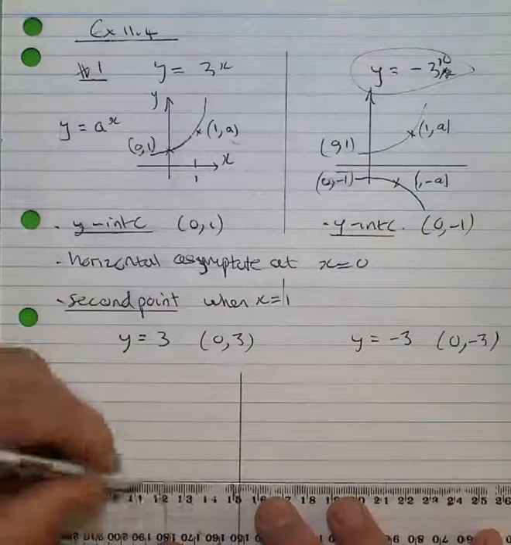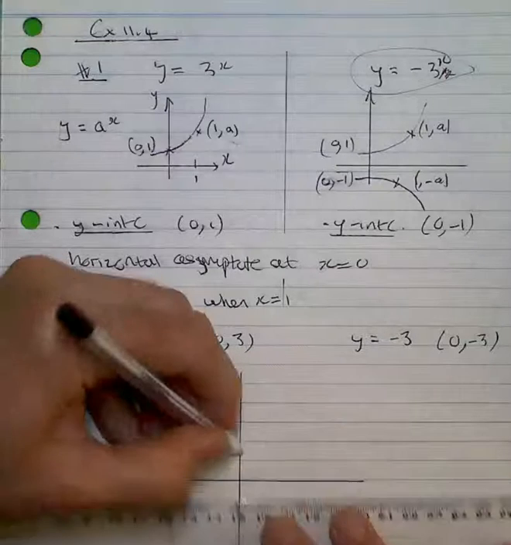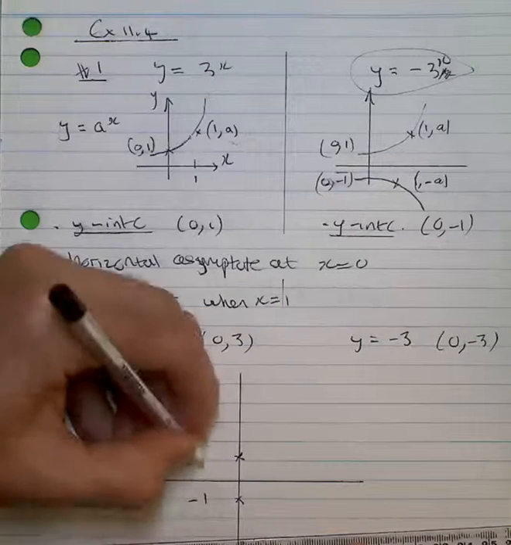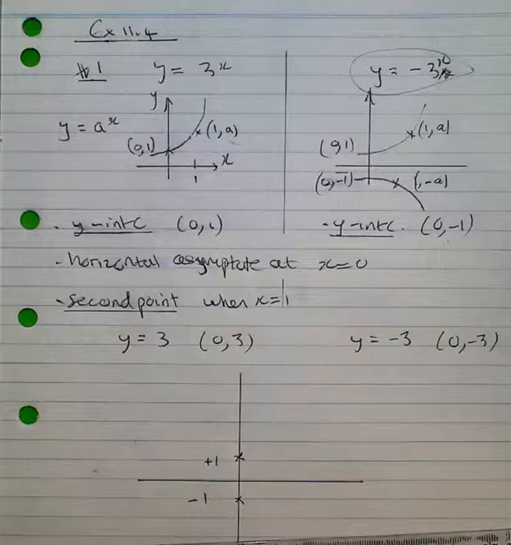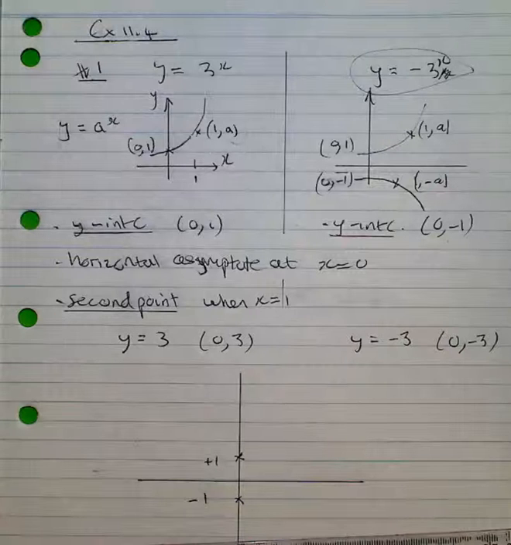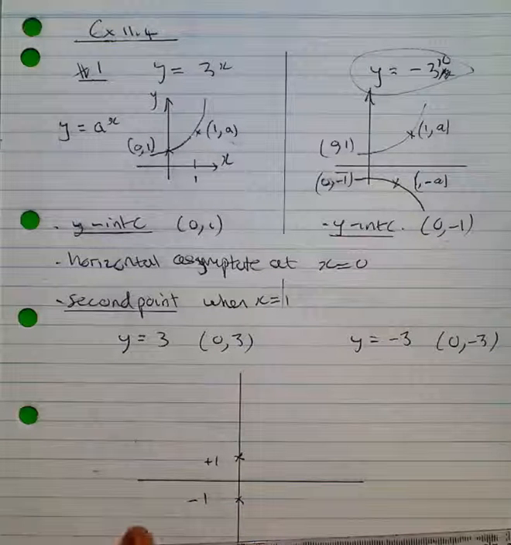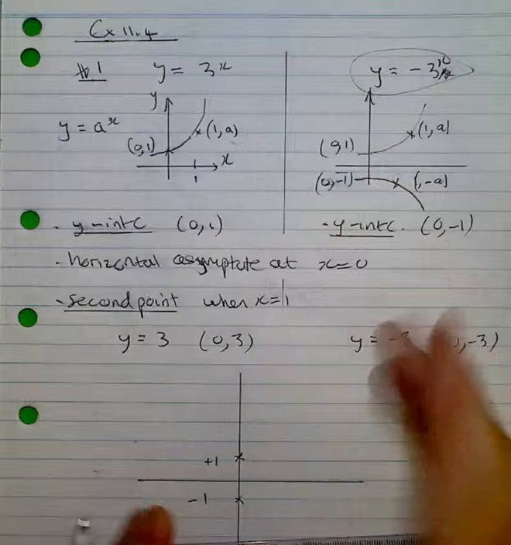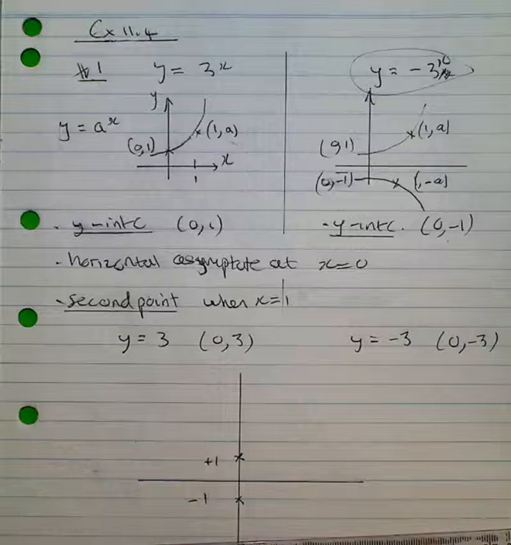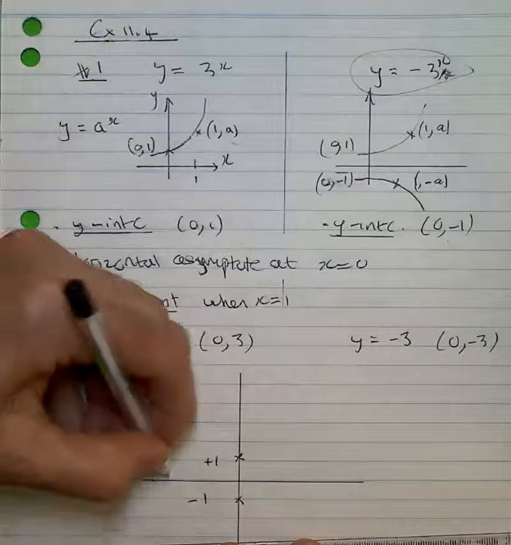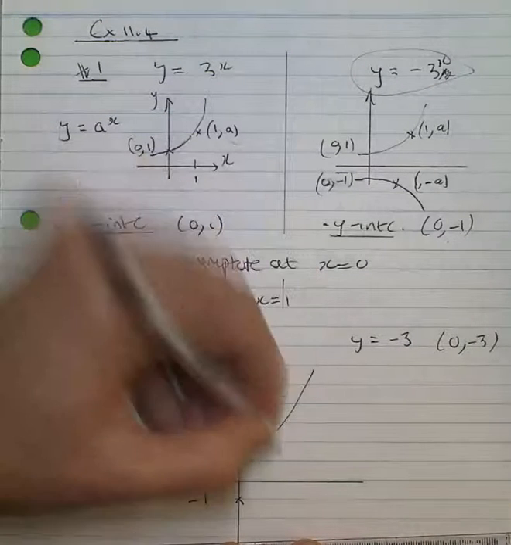Both of them are going to have as their domain the real numbers, and both of them are going to have as the range from 0 to positive infinity, and the other one from negative infinity through to 0. So hooking up like so.